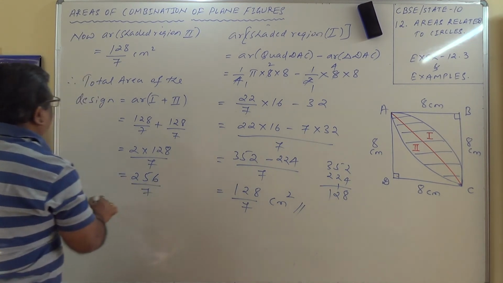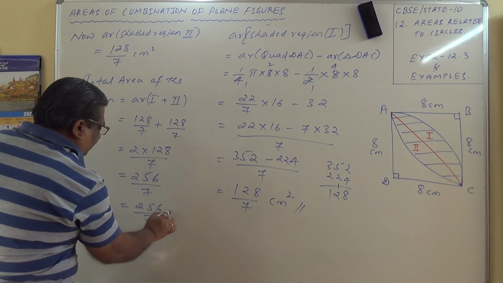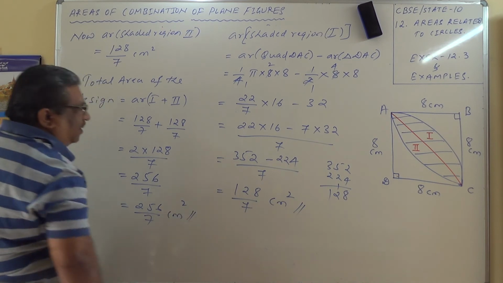So finally area of the shaded region is equal to 256 by 7 square centimeter.